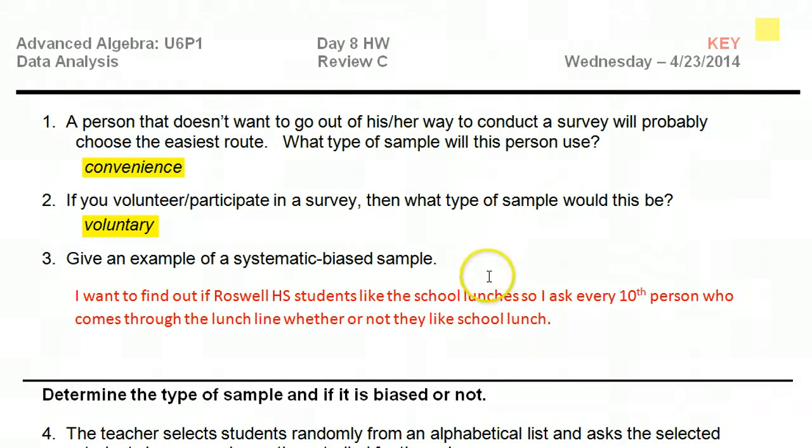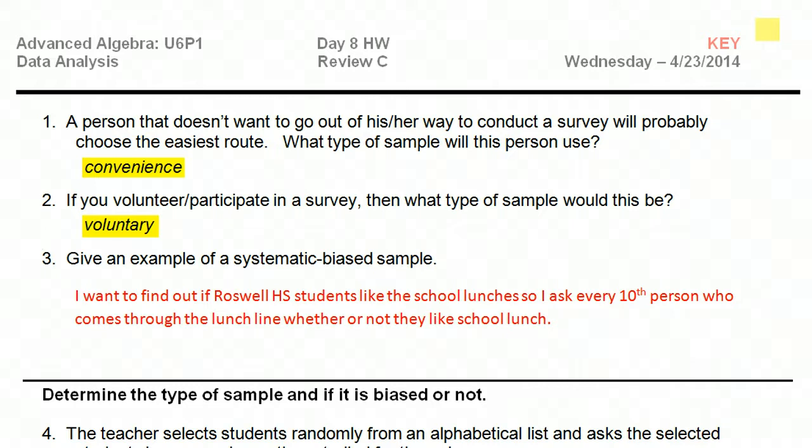This would be systematic because I'm doing every 10th person, but it would be biased because I'm only asking students who are eating school lunches. They're coming through the lunch line. I'm not asking all the people who brought their own lunch from home. And if I did, I might find out that a lot of those kids are bringing a bag lunch because they don't like school lunches.